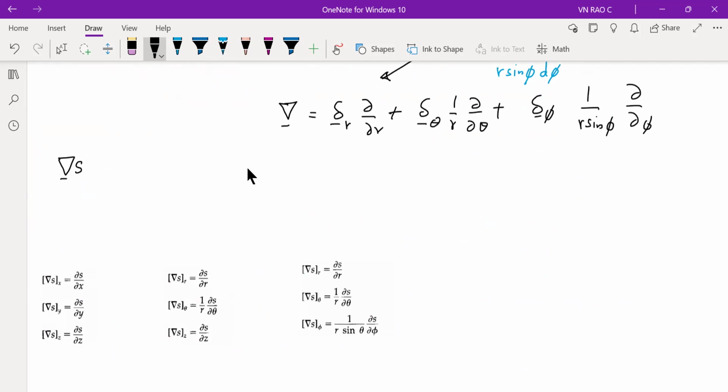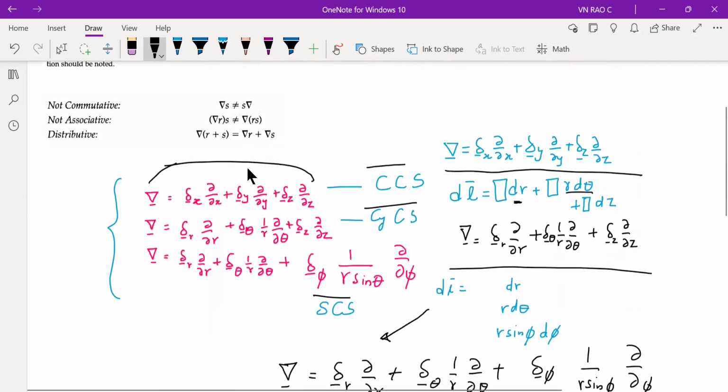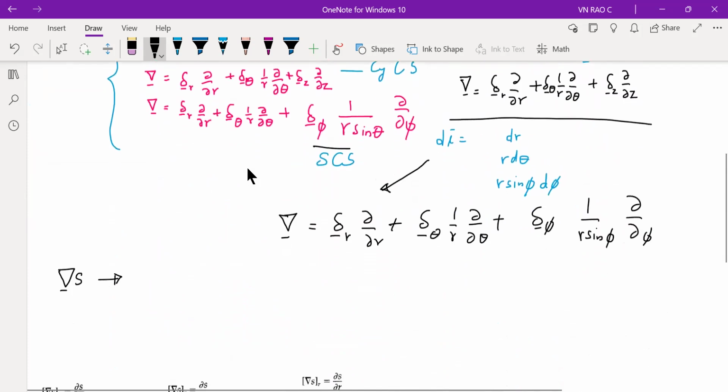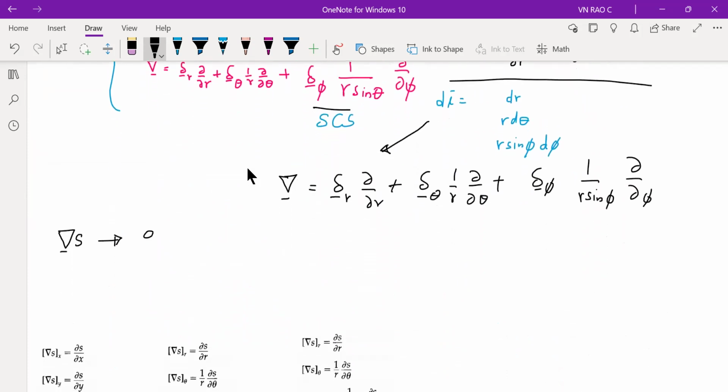If I write it like this, what does this imply? This is known as the gradient of a scalar. Gradient of a scalar.